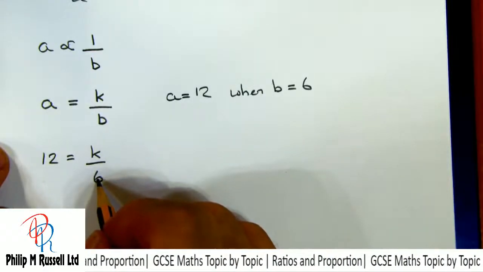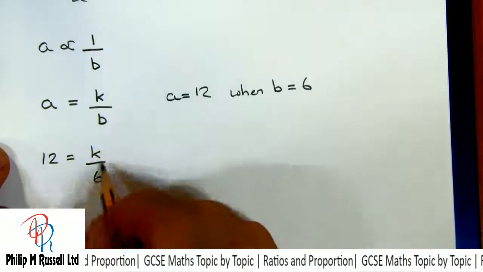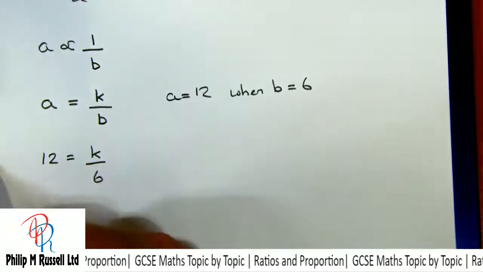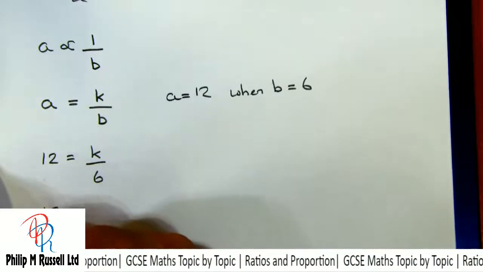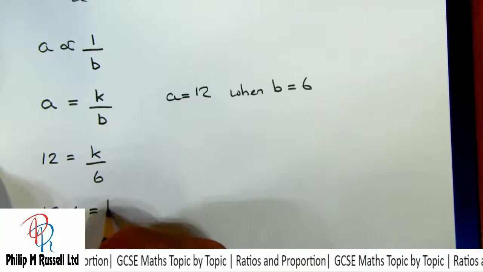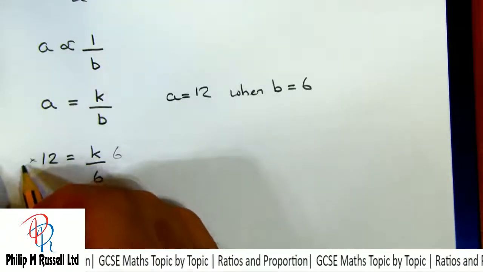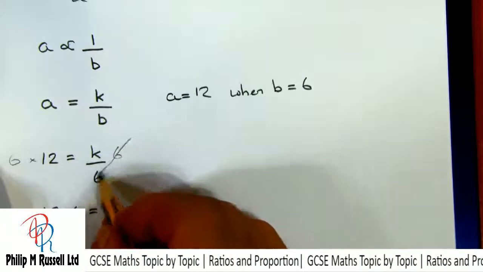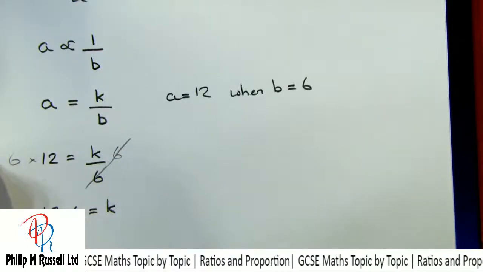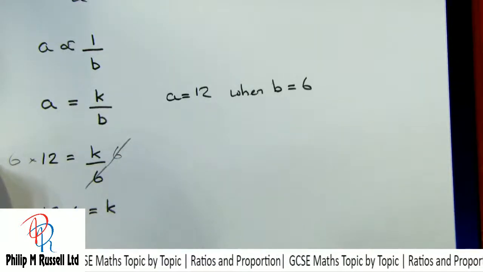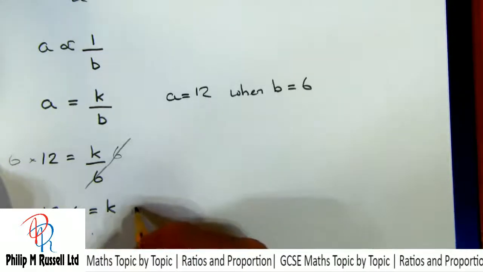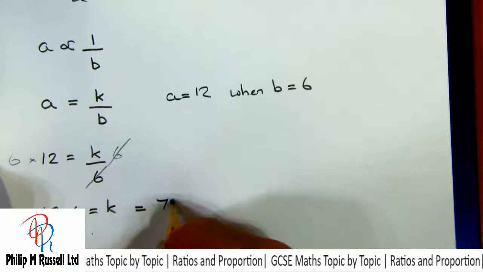So we rearrange this formula. 12 times 6 equals K. I've multiplied each side by 6, and those 6 cancelled. So here K is going to equal 72.